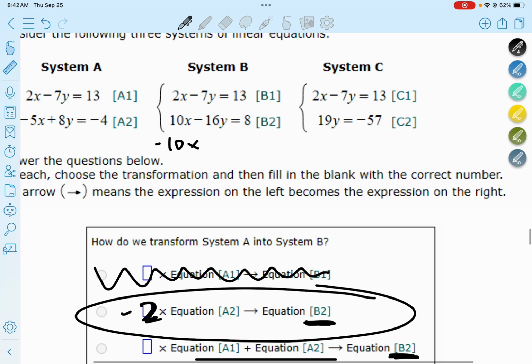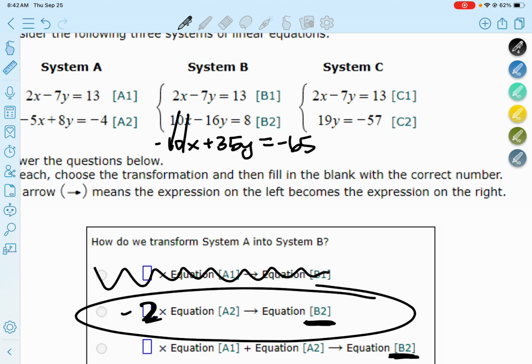So that means I get -10x plus 35y equals, I would have done 13 times -5, which gets me -65. Well, when I add them, those cancel. Right here, this would result in 19y, and then 8 plus -65 would result in -57.